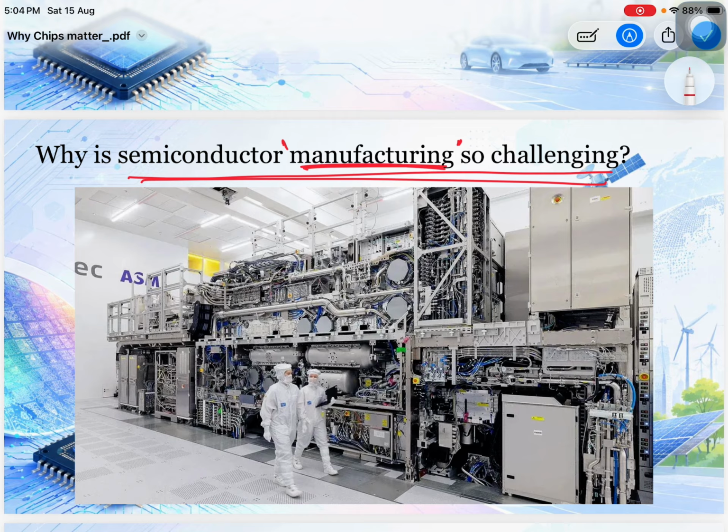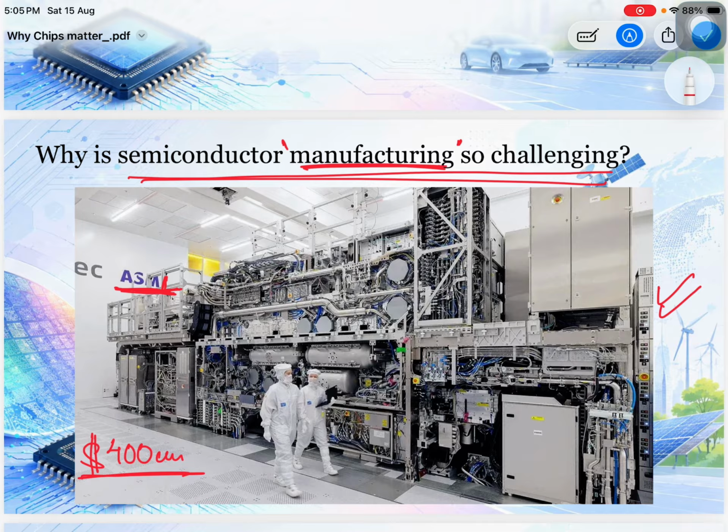This is a photograph that you can see. The name of the company is ASML, which is hidden here. Due to the size of this machine, this one machine costs somewhere north of 400 million US dollars. This is the cost which even the beginning of the ecosystem requires.